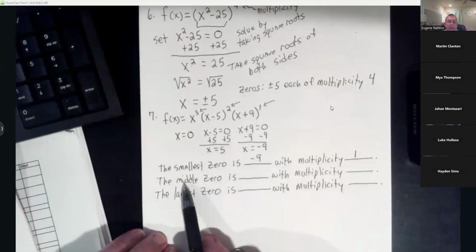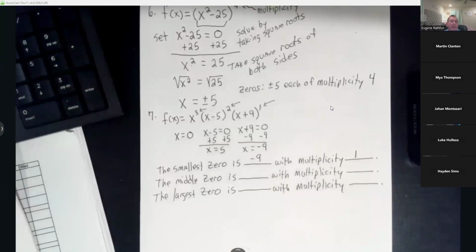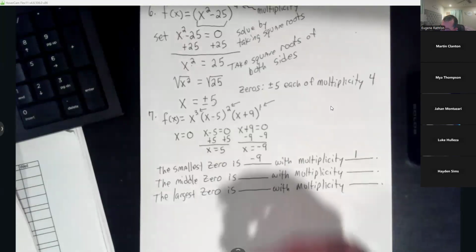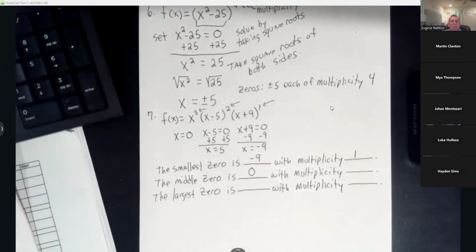All righty. So now, what is the middle 0 of these 3 numbers? Which one would be my middle? And really, I'm down to 0 and 5. So good job. 0 is going to be the middle. So what was its multiplicity? All right, good job.